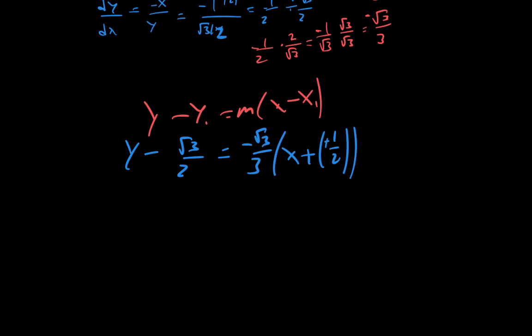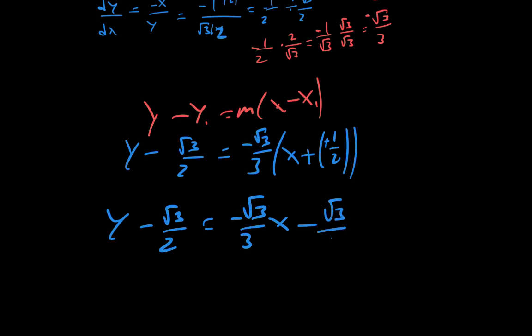After doing some manipulation, we have to combine root 3 over 2 with the root 3 over 6.